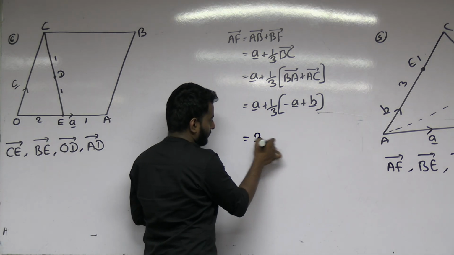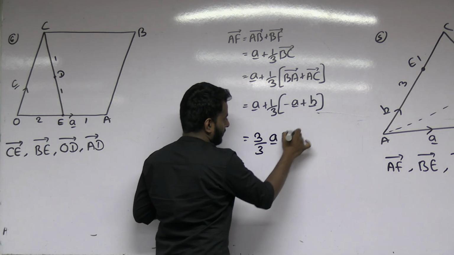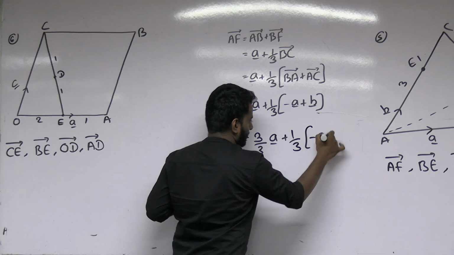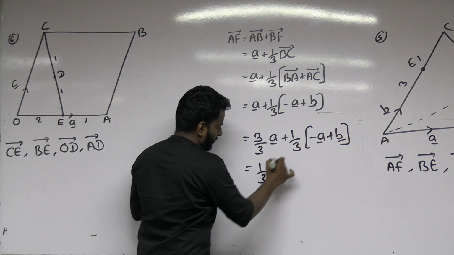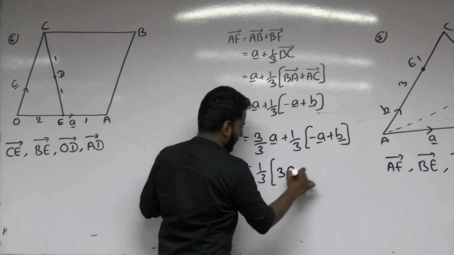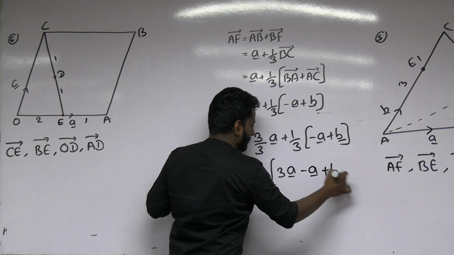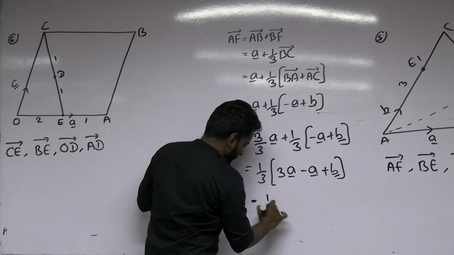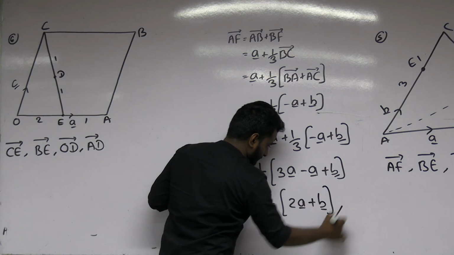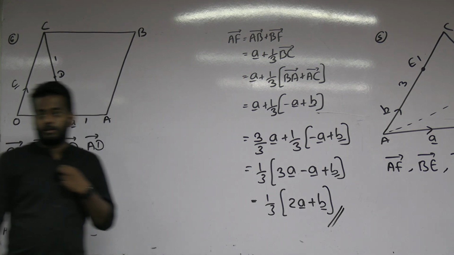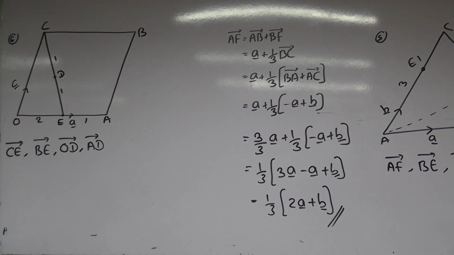So this is 3 over 3 A plus 1 over 3 of minus A plus B. So 1/3 of 3A minus A plus B, which is 1/3 of 2A plus B. Just check whether the answer of AF is the same. Yeah, so it's 1/3 of 2A plus B.